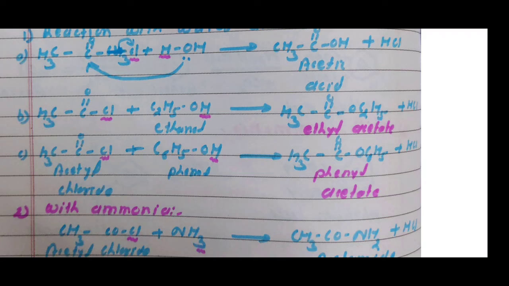Acetyl chloride reacts with ethanol, formation of ester. Acetyl chloride reacts with phenol, formation of ester. And acetyl chloride reacts with water, formation of acetic acid.